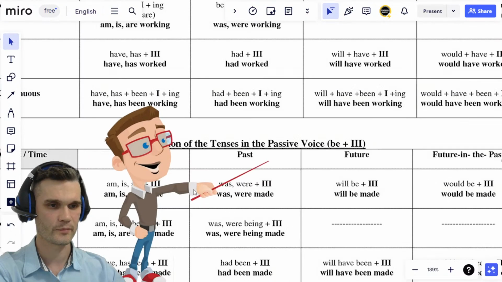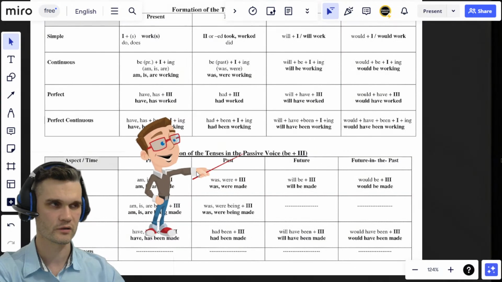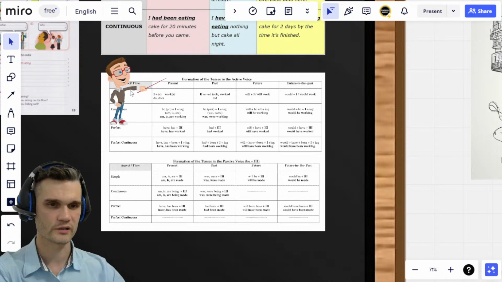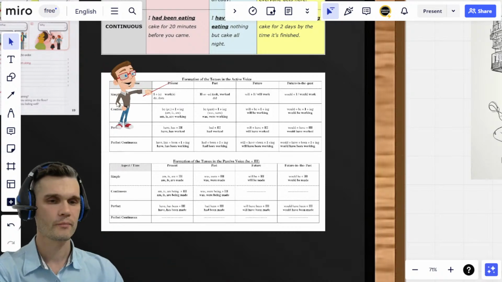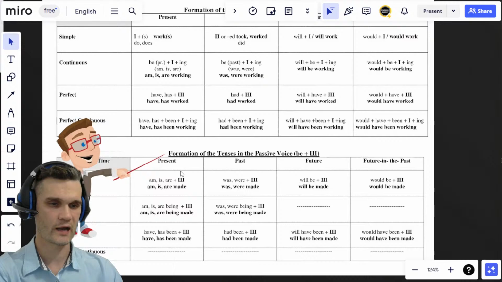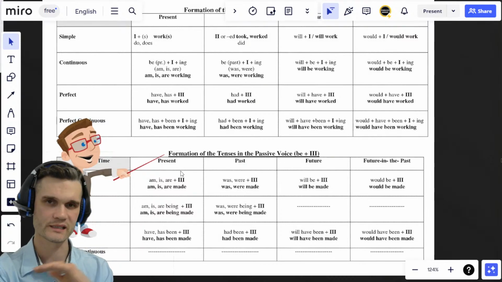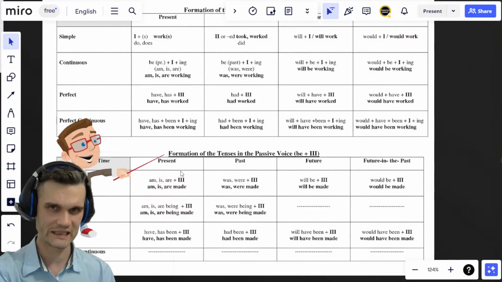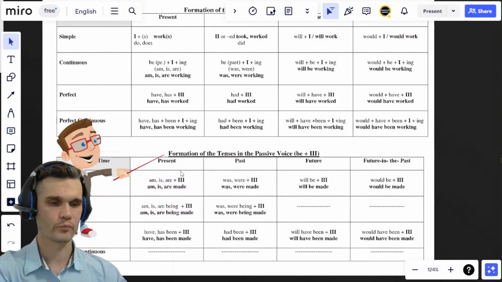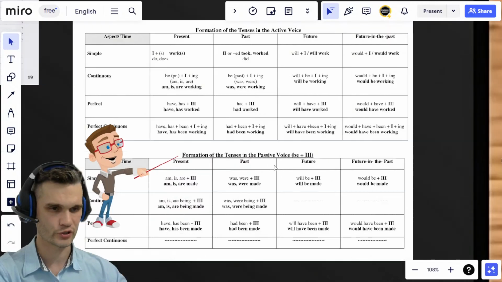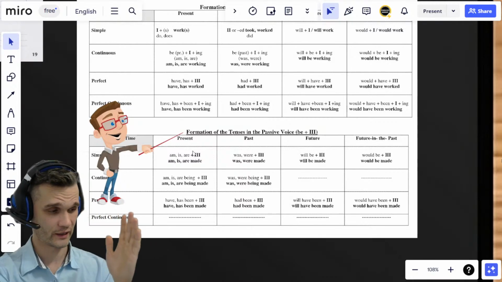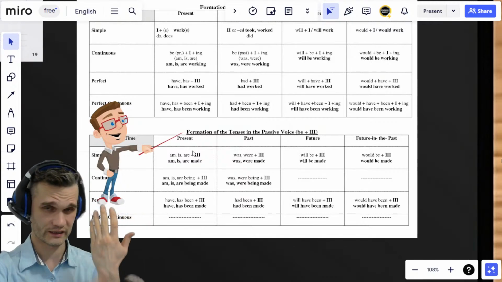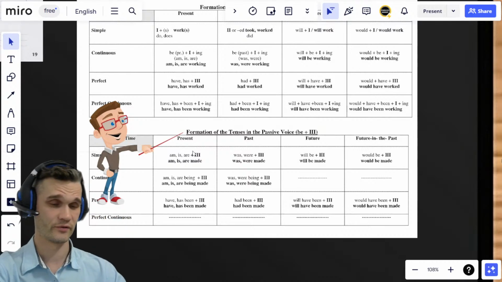Okay, so if we add future in the past, we've got 16 tenses. Plus, we have passive voice. When we use active voice, we have someone or something who makes the action. But in passive voice, we have only the action, and it's not stated who did it, or it's not important, but you will usually never know. So it's like another side of the coin. The first side is active voice, and the other side is passive voice.